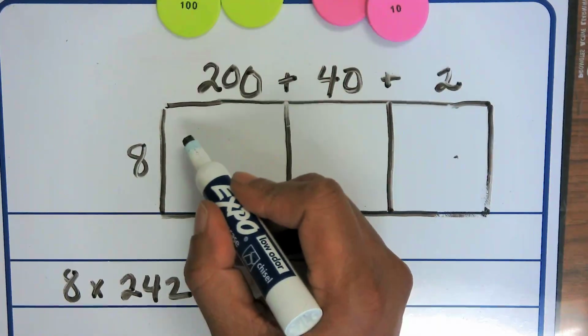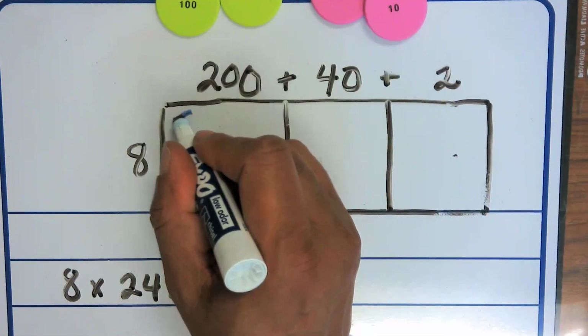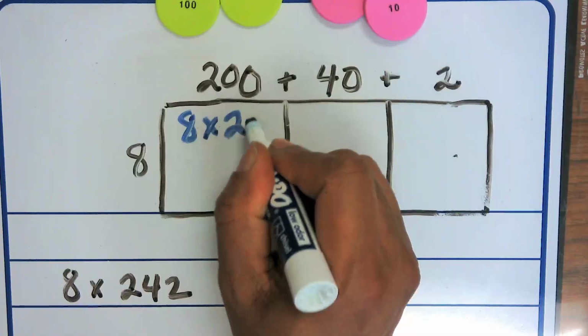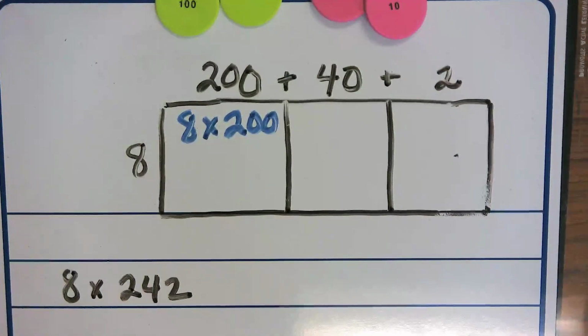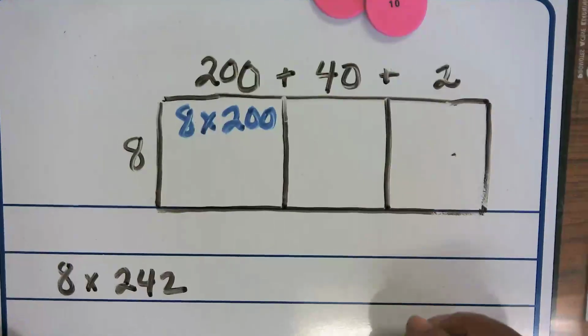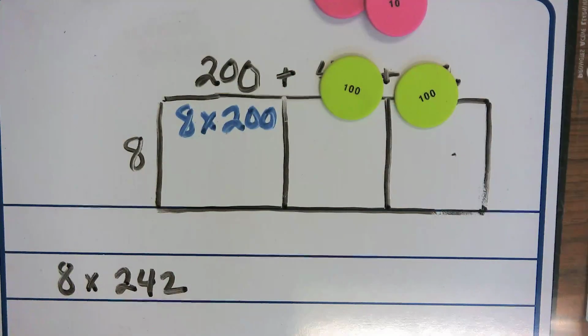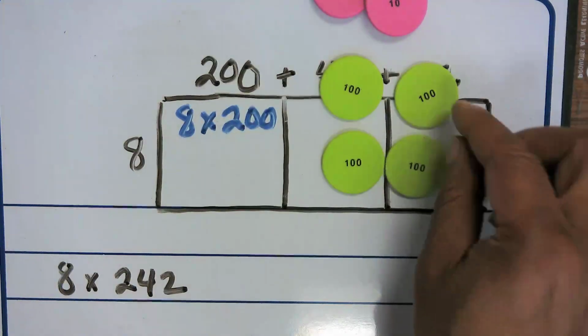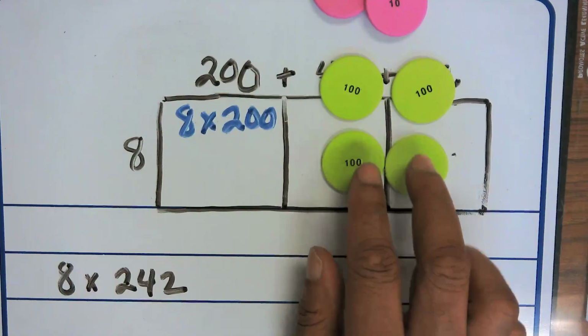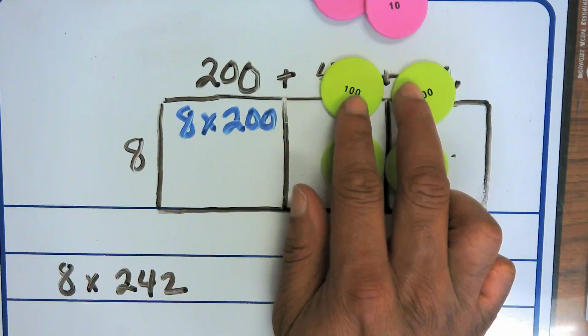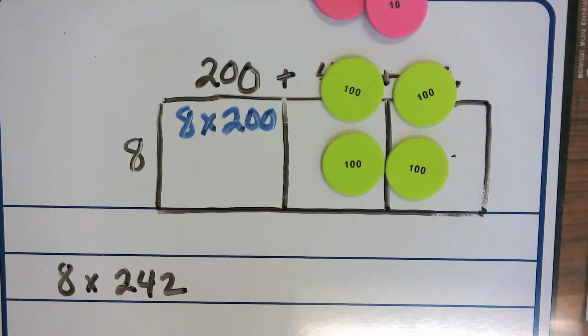Now, in the hundreds place, this is 8 times 200. I'm just going to visually show you one copy of 200, two copies of 200, or 2 times 200. What's my total for 2 times 200? 400.